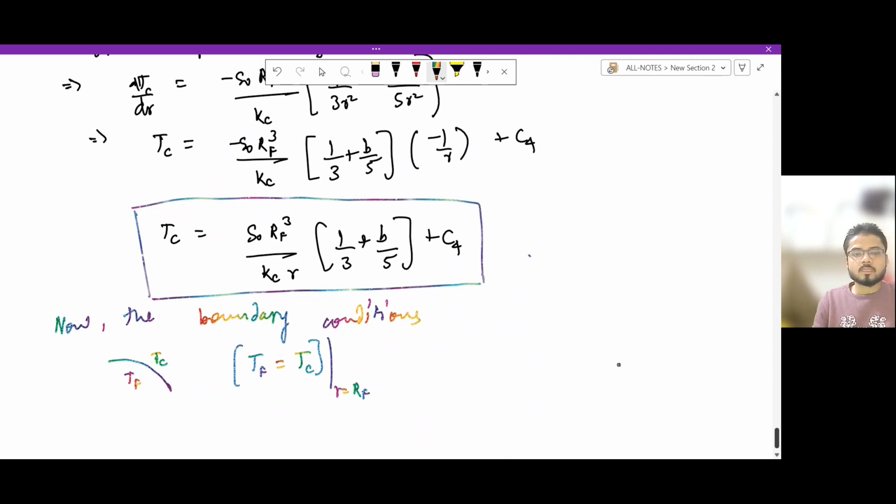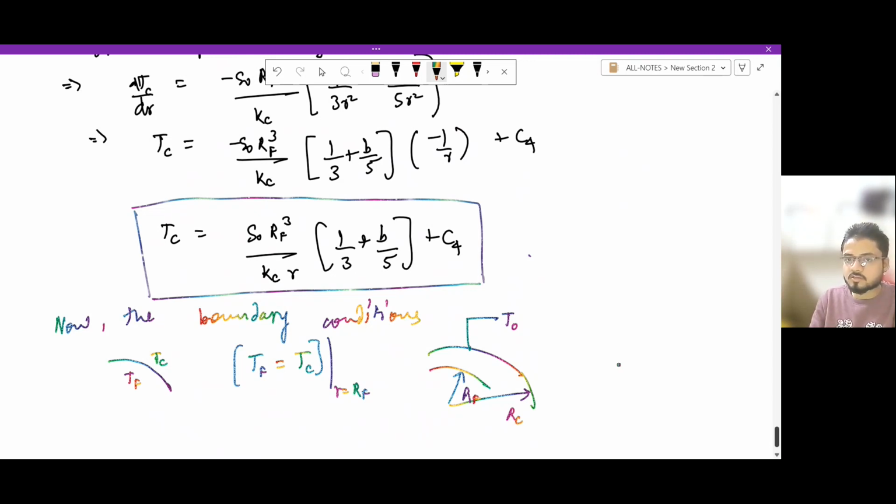And suppose that this is RF and this is RC. And you can always measure the outside temperature using a thermocouple or some other device. So you could always have a Dirichlet boundary condition right at the surface of the cladding, the surface of the entire system.